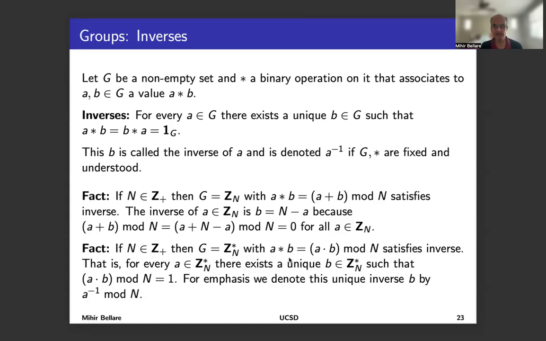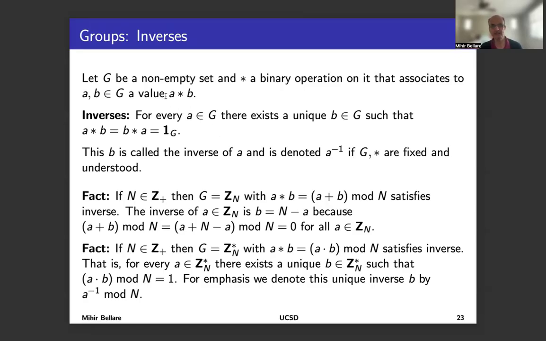The last property is the one that's the most interesting, and effectively it says that there is an equivalent of what we might think of as 1 over A in a group, something that plays the role of an inverse. But in this case, it's defined abstractly in the group domain.